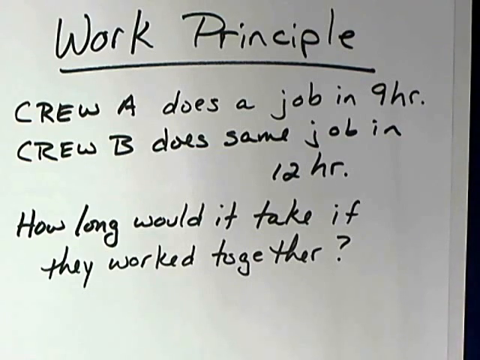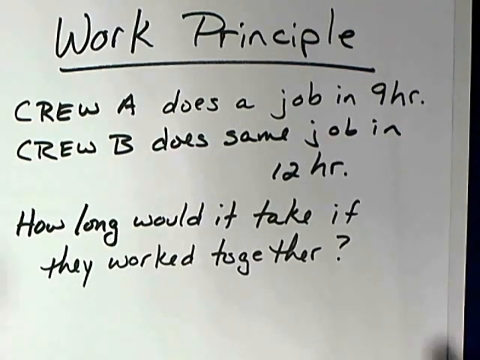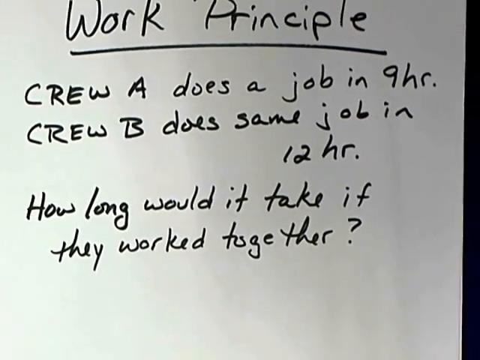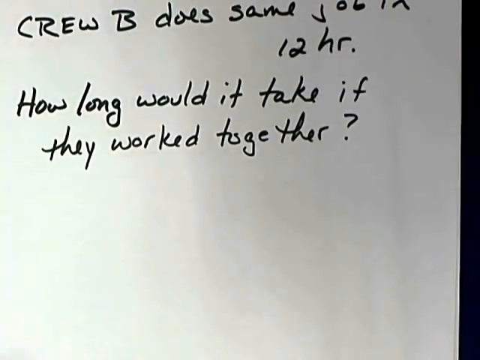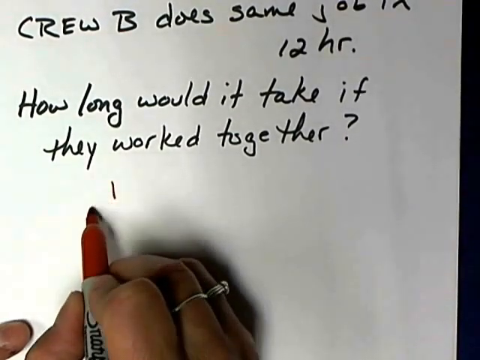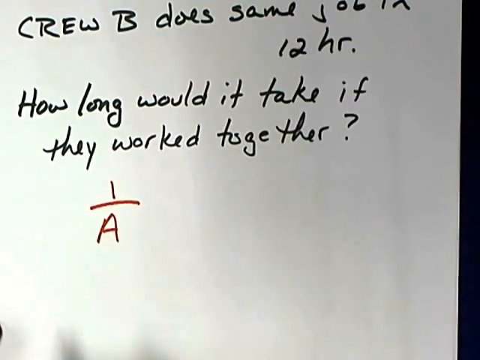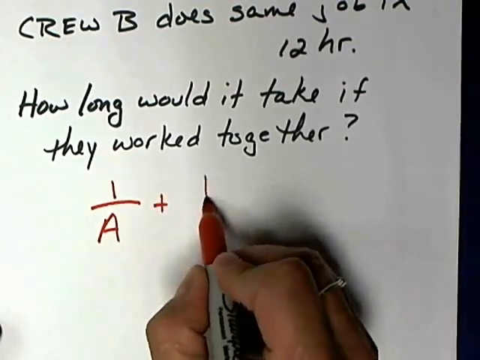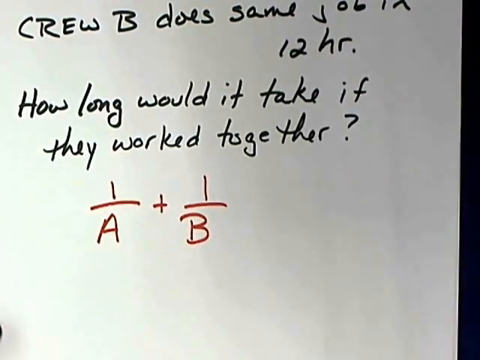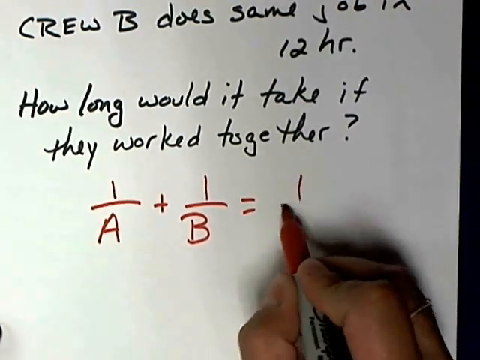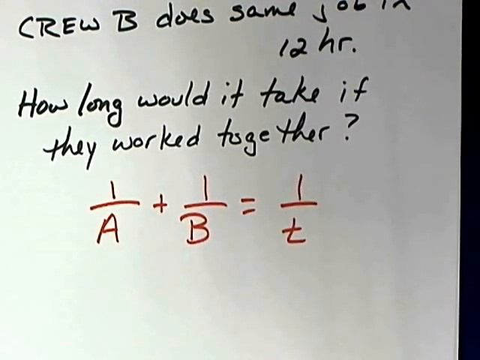Okay. So there's a formula for this. We just have to plug and chug. The work principle formula says, if you take 1 over the first person's time plus 1 over the second person's time, it will equal 1 over the time when they work together.